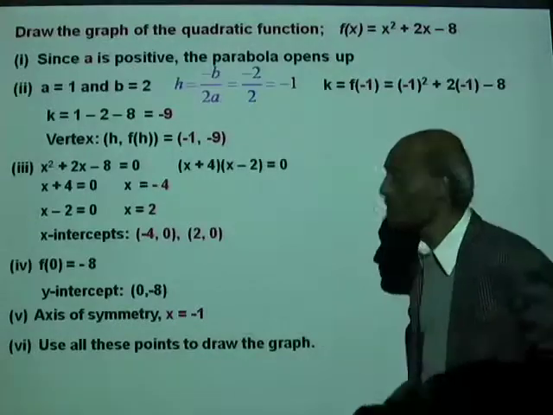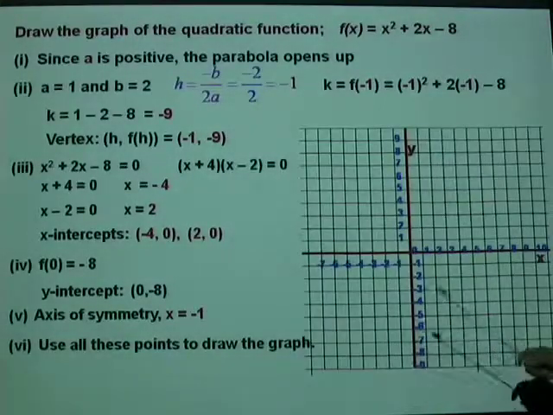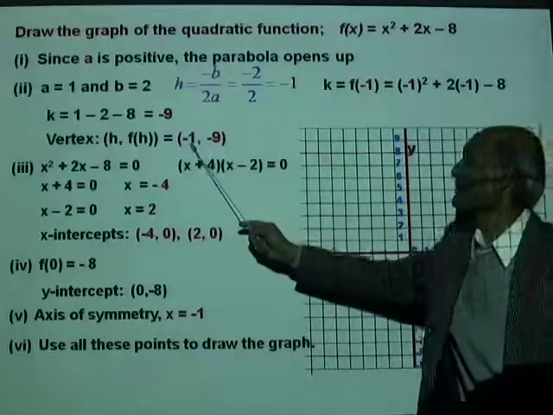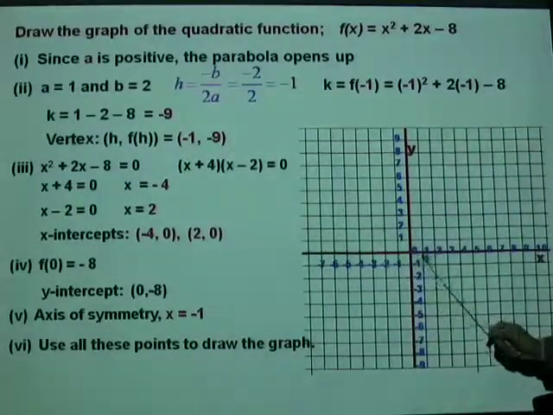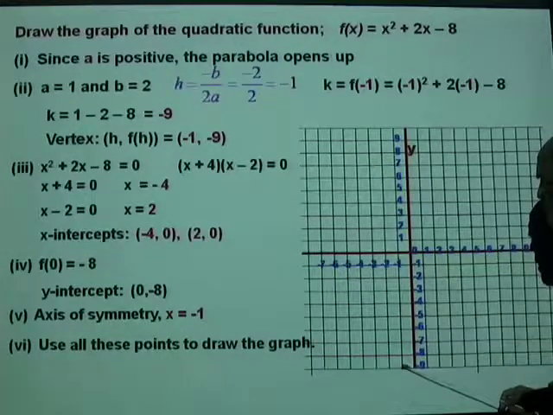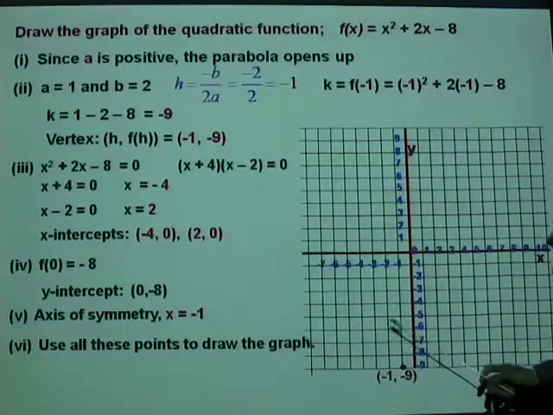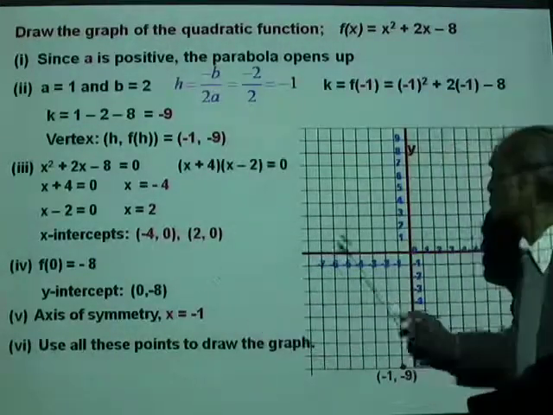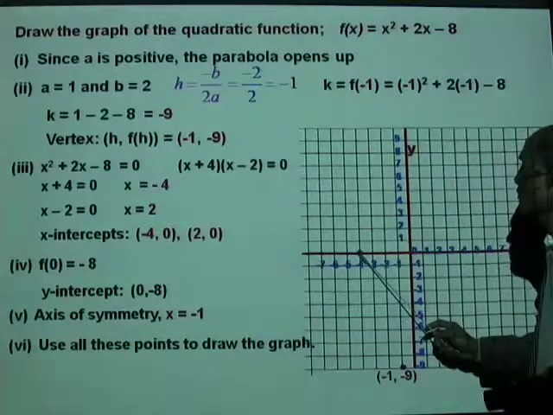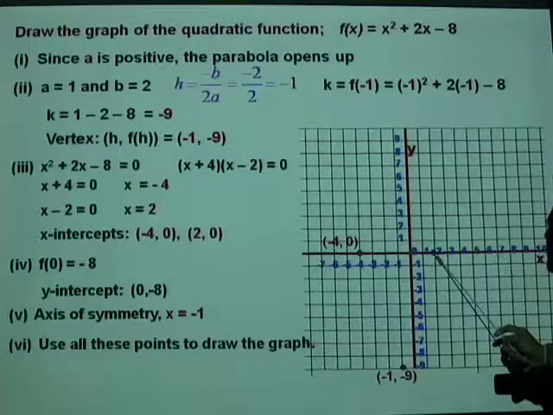Now we can use all these points to draw the graph. Let's do that. First of all, the vertex is (negative 1, negative 9). It is over here, and that is the vertex. And you have an x-intercept (negative 4, 0), and another one (2, 0).